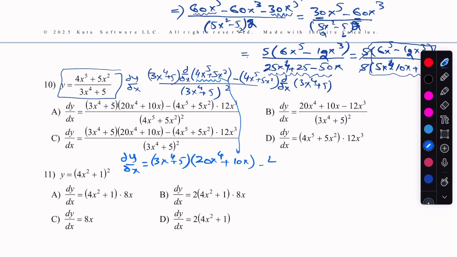Then you have negative (4x^5 plus 5x squared), and then you have d by dx, 4 multiplied by 3 is 12x^3, and 5 has a derivative 0 because it's a constant, over 3x power 4 plus 5 squared.